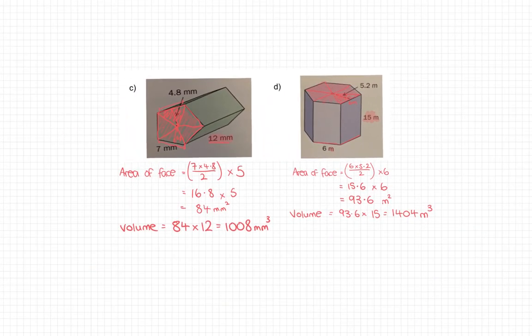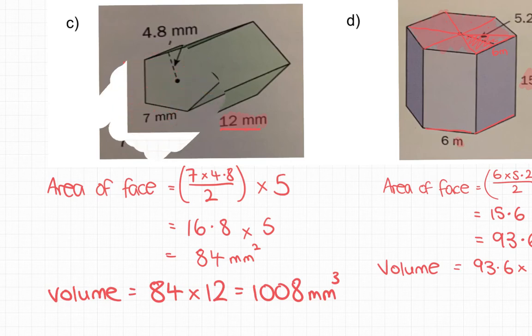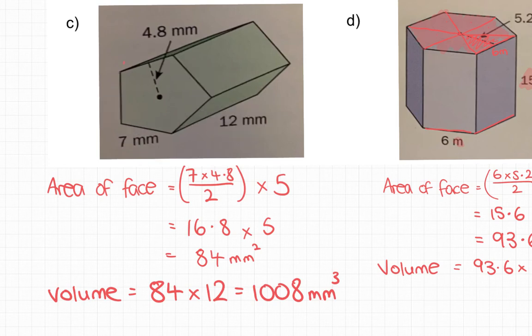For the surface area then, for the first one, if I want to find the surface area of this shape, all I need to do is work out the area of each of the sides. Looking at my shape, I've got this pentagon at the front. If you imagine it going through to the back, I'm also going to have a pentagon at the back in here.